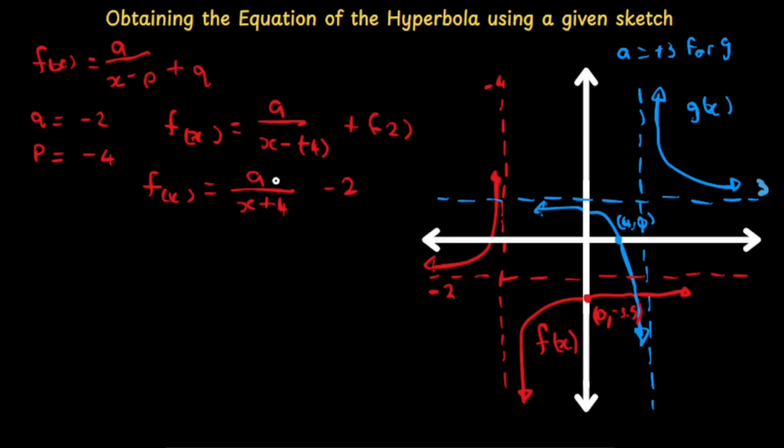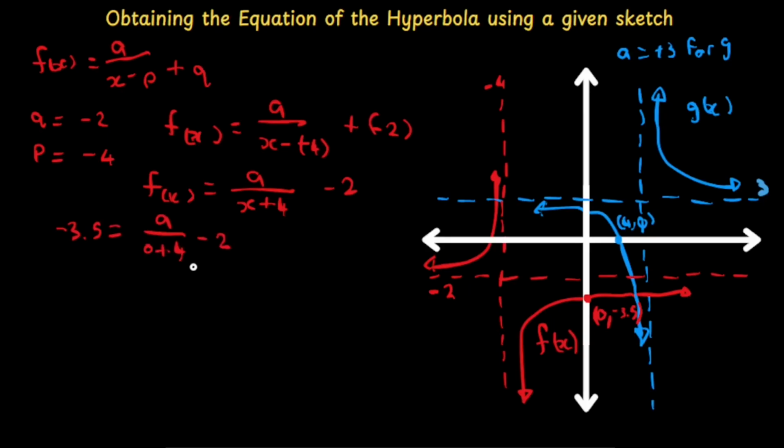Now, in order to solve for the unknown variable a, we are going to need a point on this function. We can see that we have been given a point for the y-intercept of this function, and that would lie at 0 and -3.5. I can substitute that point into my equation to solve for a. Substituting in 0 and -3.5, I would get -3.5 is equal to a over 0 plus 4 minus 2.